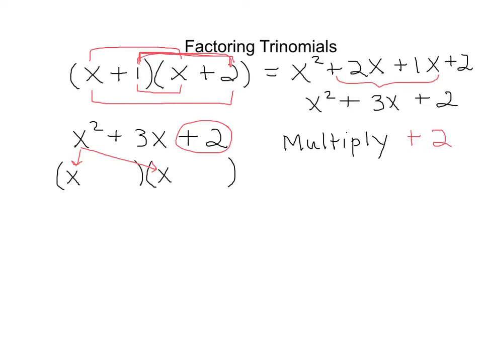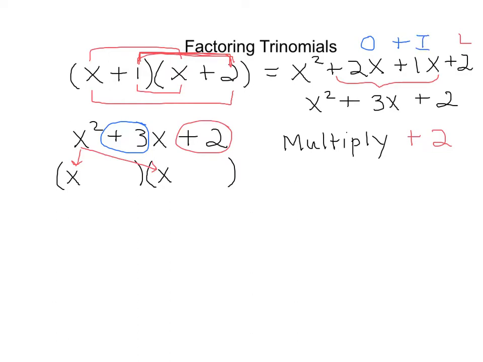That was the last that tells us we multiply to get that back number. Now the more complicated part, though, is we also need the two numbers that we're looking for to go in these spots to combine when we do our outer plus inner.